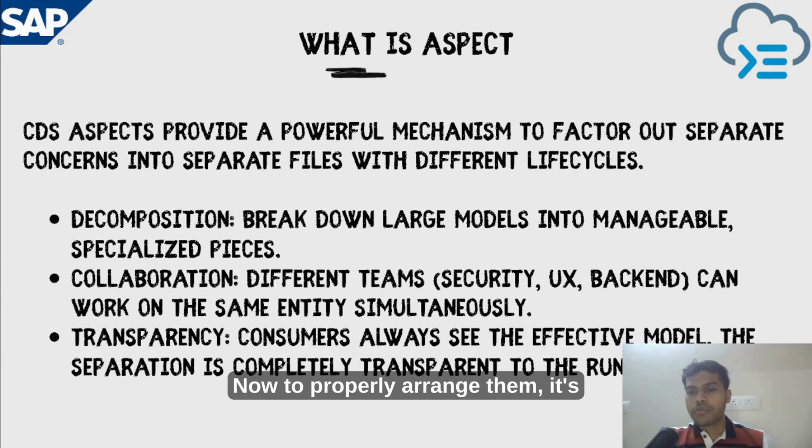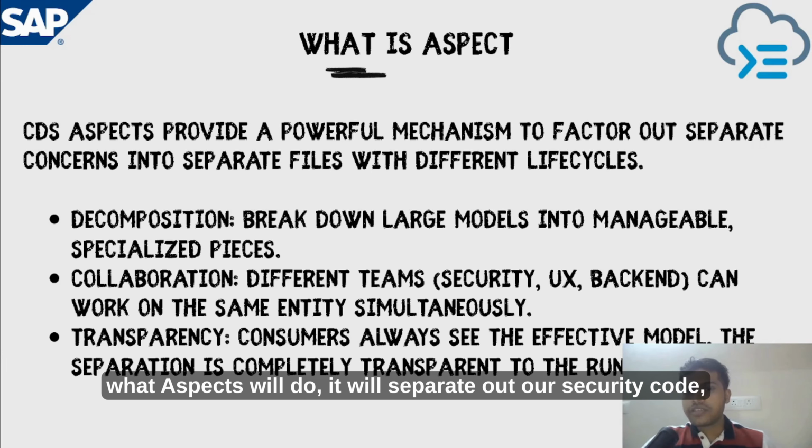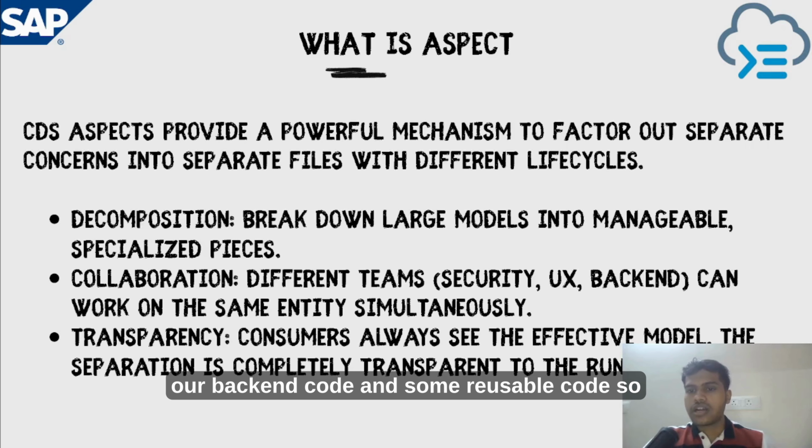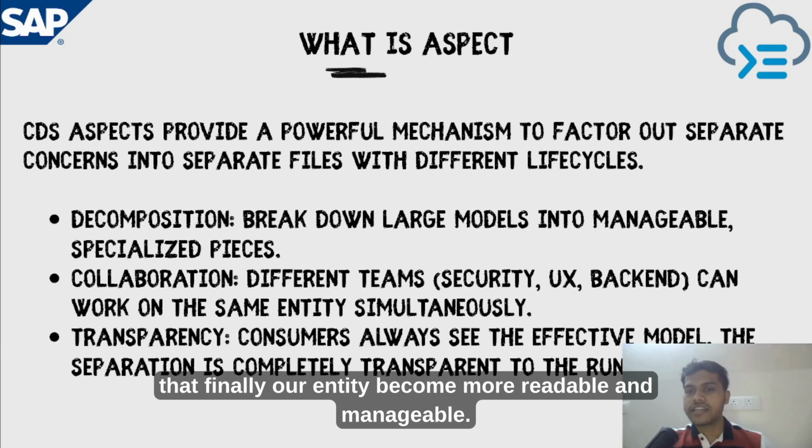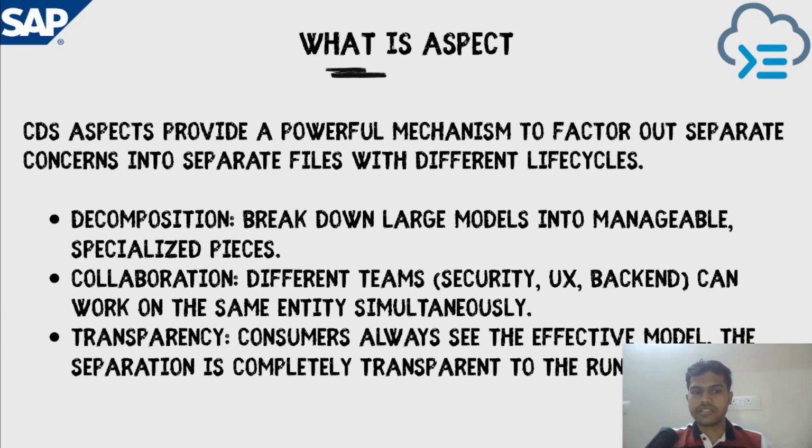Now, to properly arrange them is a very difficult task. How do aspects help us? Aspects separate out our security code, our backend code, and some reusable code so that finally our entity becomes more readable and manageable.